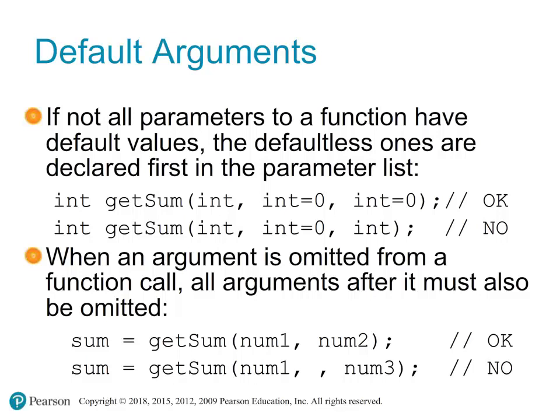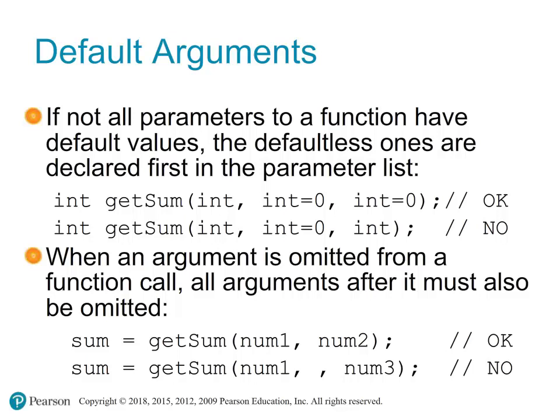The correct one, int getSum, has 3 parameters: an int, then an int equals 0, and another int equals 0. The incorrect one lists an int, then an int equals 0, and then an int without a default. This is wrong because those without default values must be listed first in the parameter list.